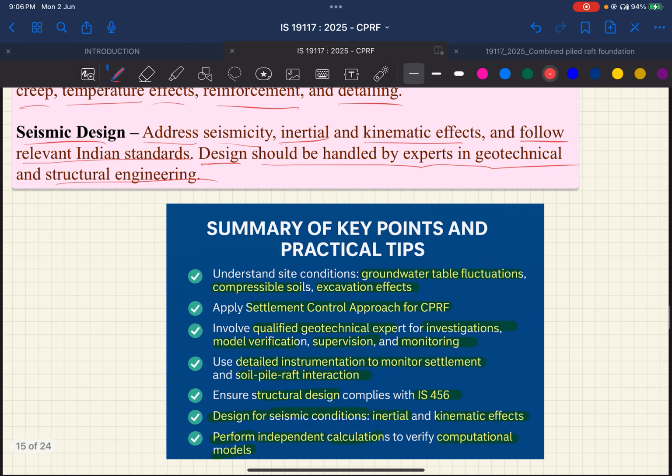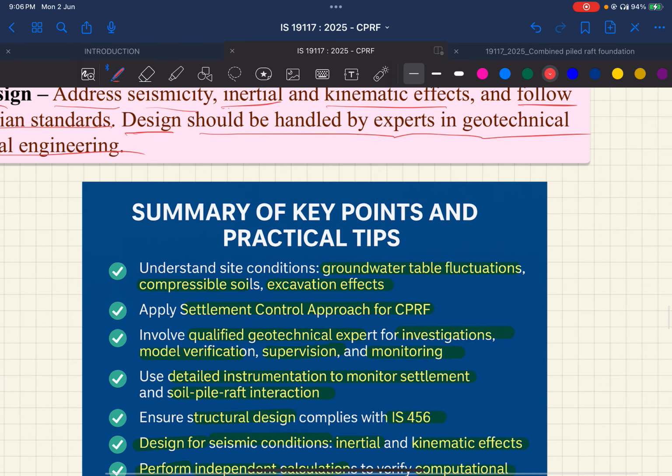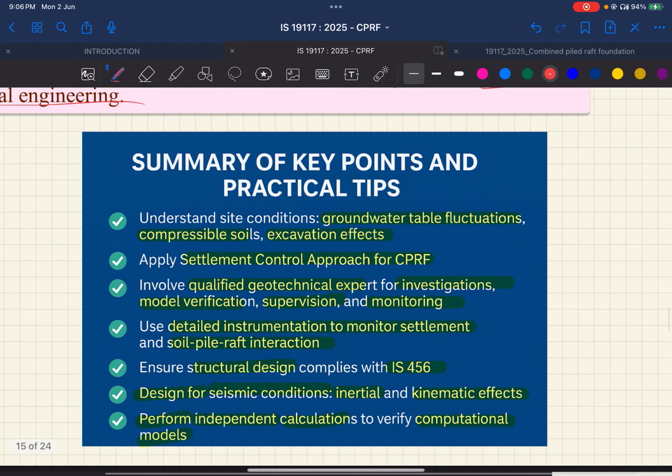Now let's summarize the key points and the practical tips. Initially, we have seen understanding the site conditions like groundwater table fluctuations, compressible soils, and excavation effects, and applying the settlement control approach for CPRF. Then involve qualified geotechnical experts for investigations, model verification, supervision, and monitoring.